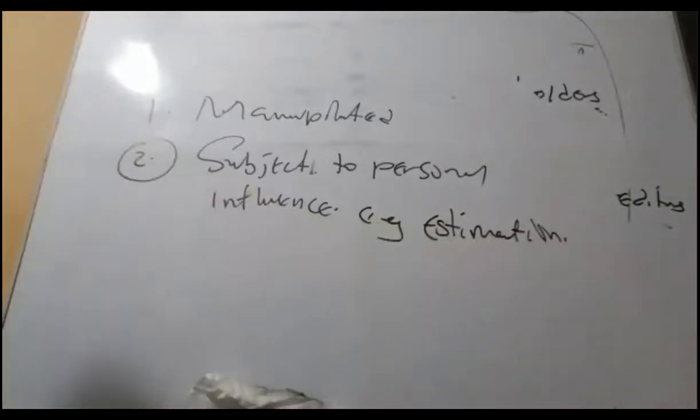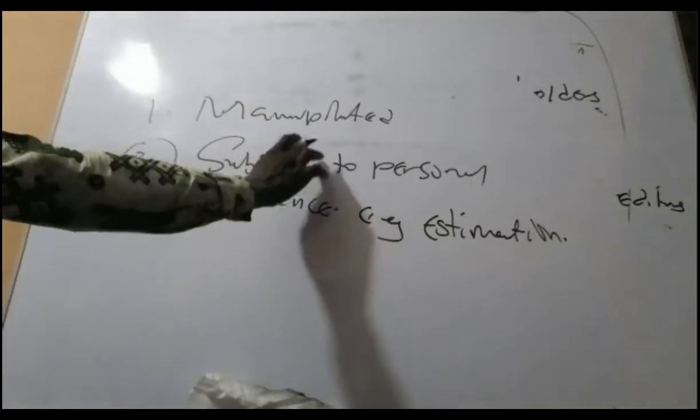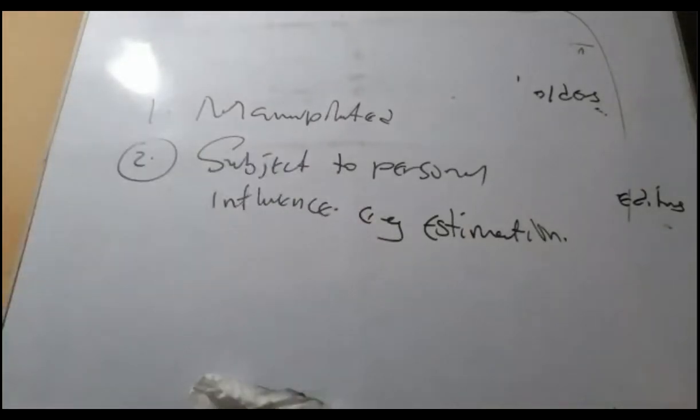Some of the figures the accountants have to estimate, and if they give you room, you estimate differently. Somebody else also estimates differently. So everybody estimates differently. That's what we mean by subjective or subject to personal influence.